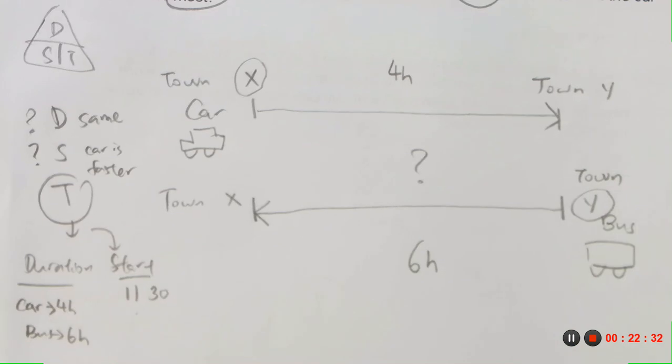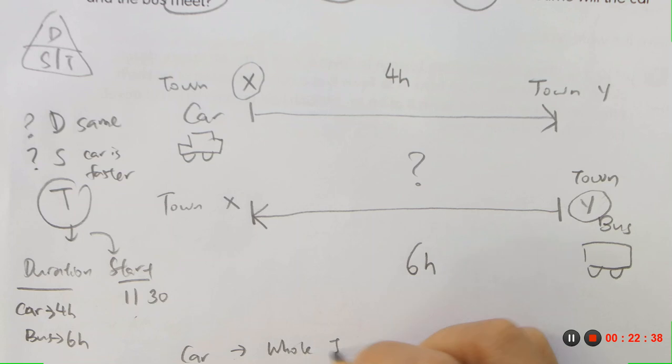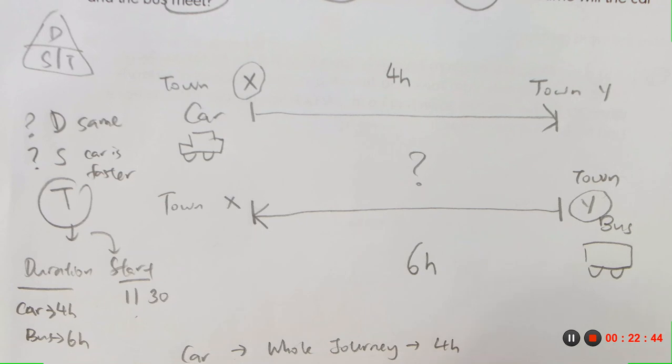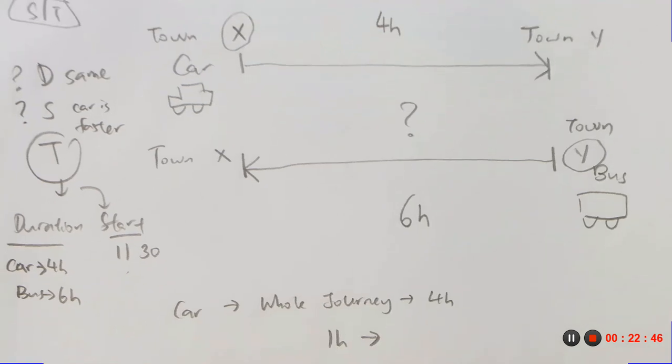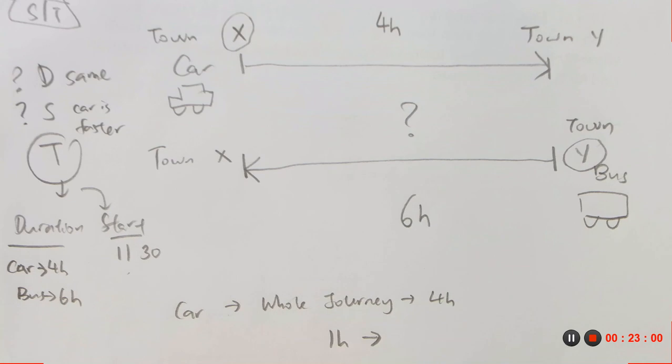So let's say we talk about the car. The car's whole journey is 4 hours. So if it's 1 hour, how much of the journey did he travel? Wait. Your friends are still here. Answer, I know you already got there. Very good. For the car, 1 hour is how much of the journey?